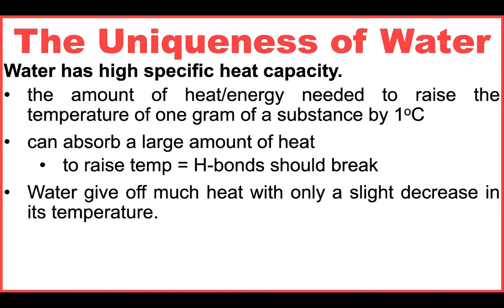Water can give off much heat with only a slight decrease in its temperature. This allows large bodies of water to help moderate the temperature on Earth. In summer months, water must absorb a great deal of energy in the form of heat from the sun in order for the temperature to increase.